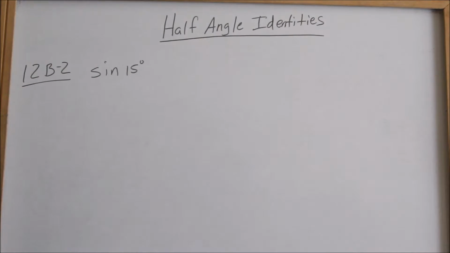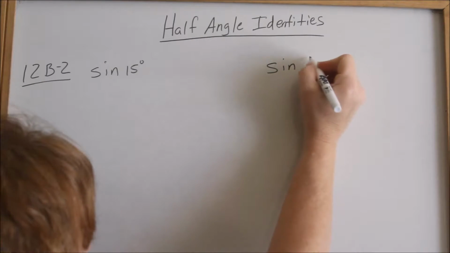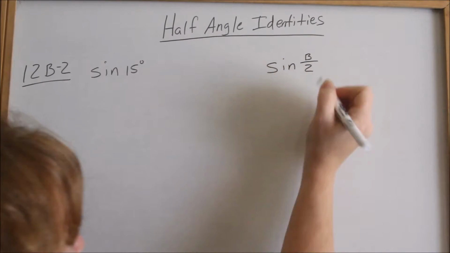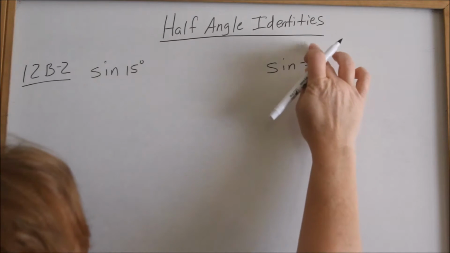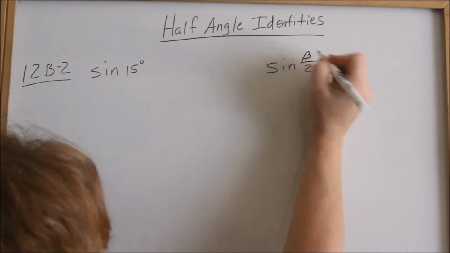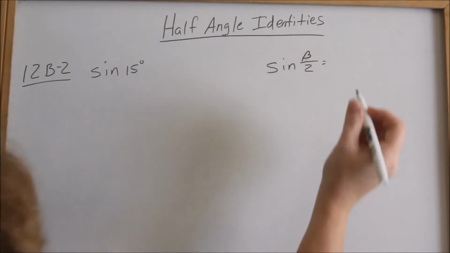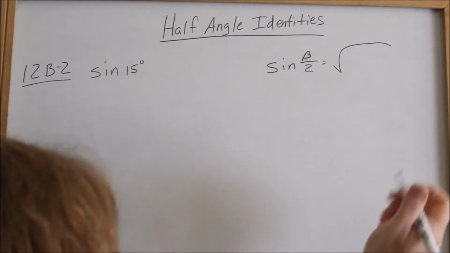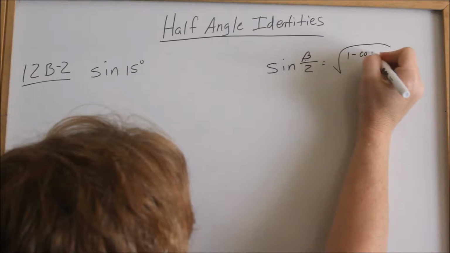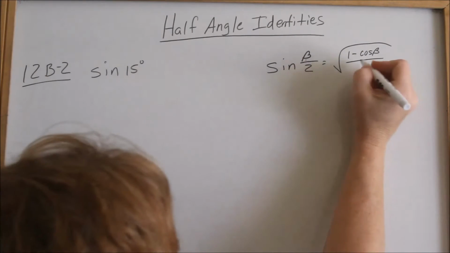The half-angle identity for sine, the formula looks like this: sine of beta over 2, and beta represents the angle, equals the square root of 1 minus cosine of beta, all over 2.